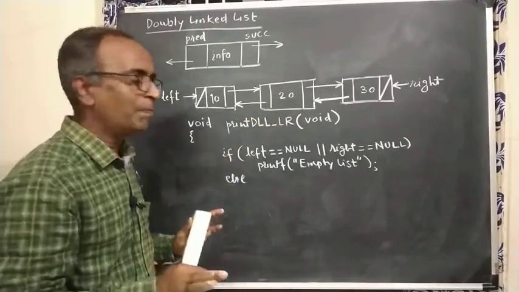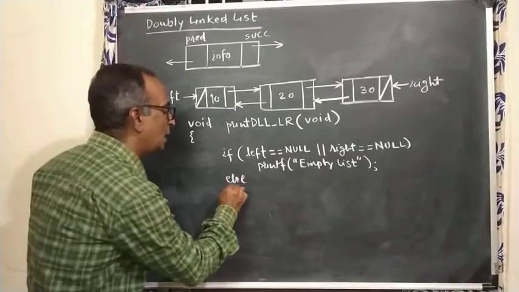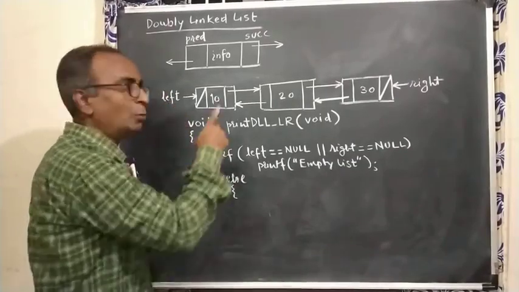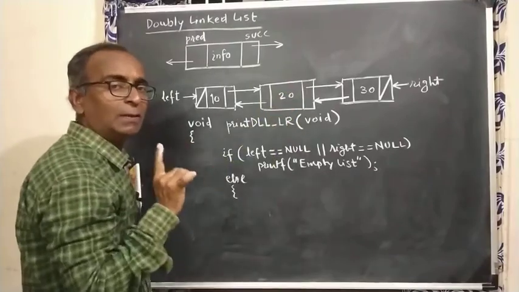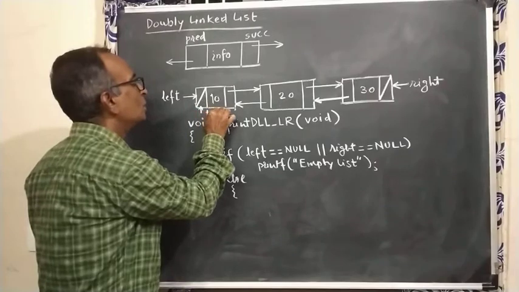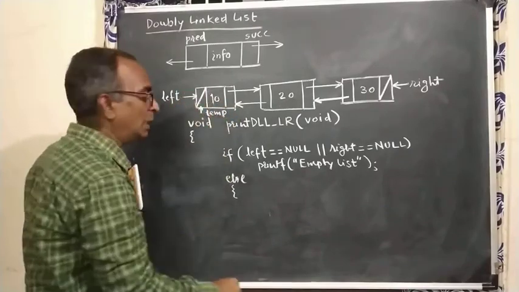The concept is the same. You have to take a temporary variable, because you should not change left or right; you have to maintain those. So take temp, which is pointing to the leftmost node initially.